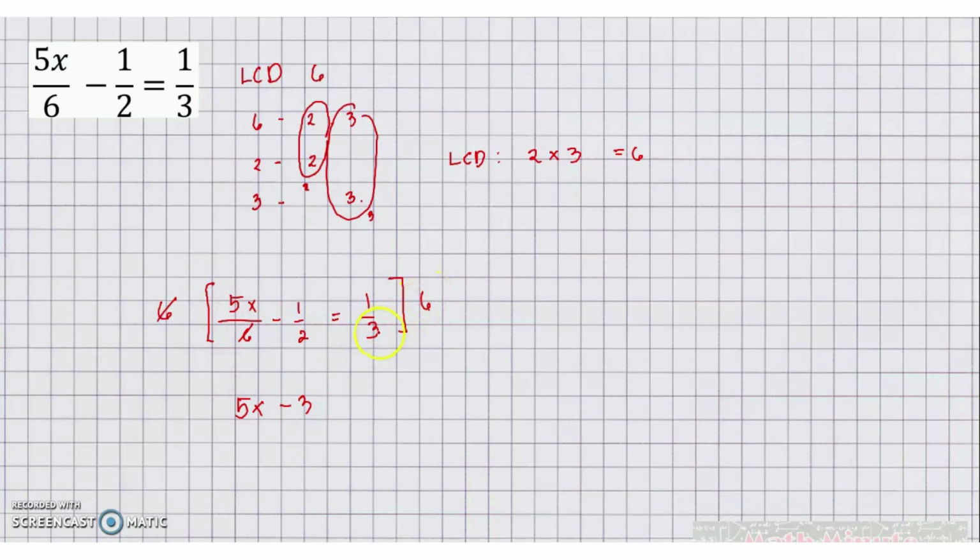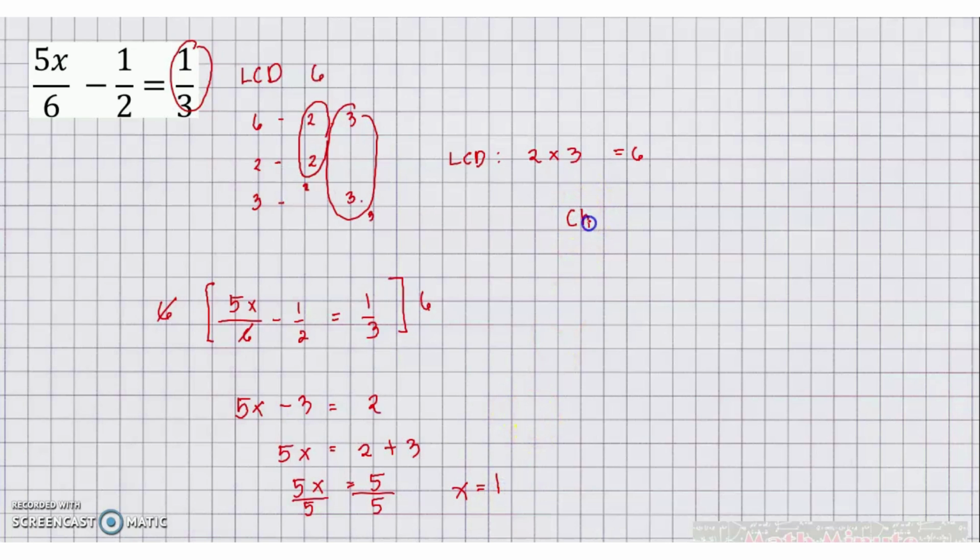Then 6 divided by 3 is 2, times 1, that is equal to 2. Then we can now solve for the value of x. So this will be 5x. Then the additive inverse of negative 3, that would be positive 3. So 2 plus 3. So 5x is equal to 5. Then we will do the multiplicative inverse by dividing both sides by 5. x will be equal to 1.